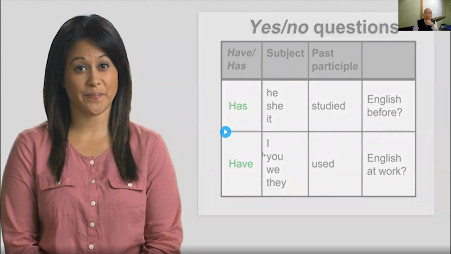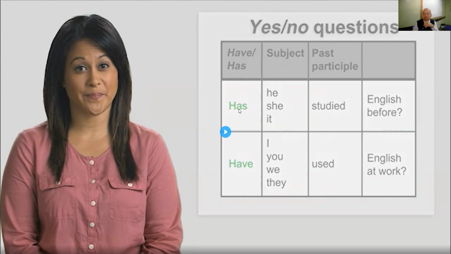As you notice here, in an affirmative sentence, we use he and then the verb has studied, just to confirm that he did that, or she, or someone else. But when we have to write it as a question, we move our verb have or has to the beginning of the sentence.